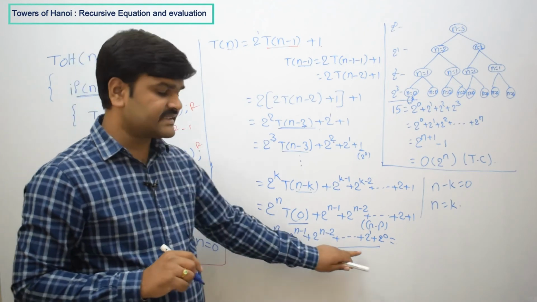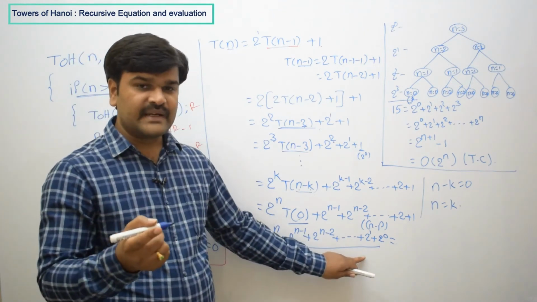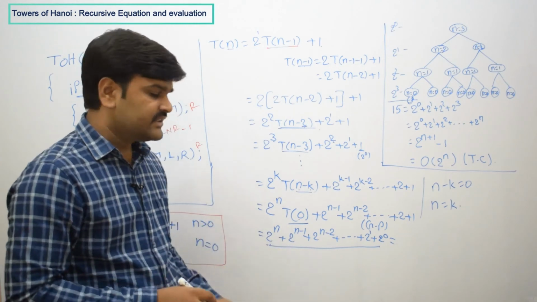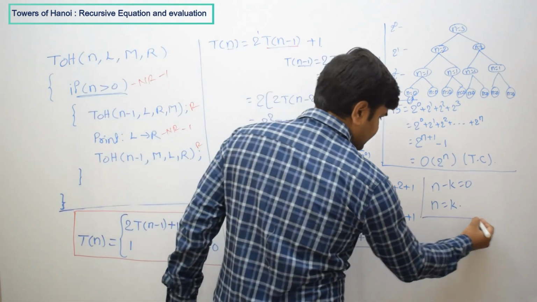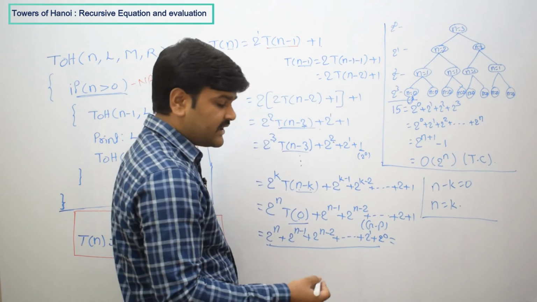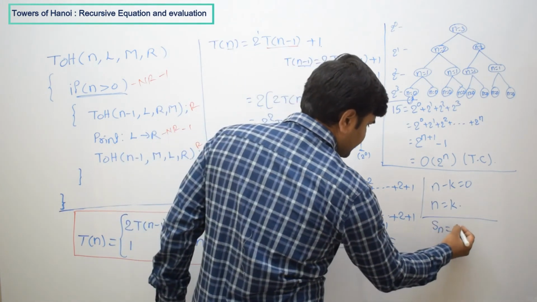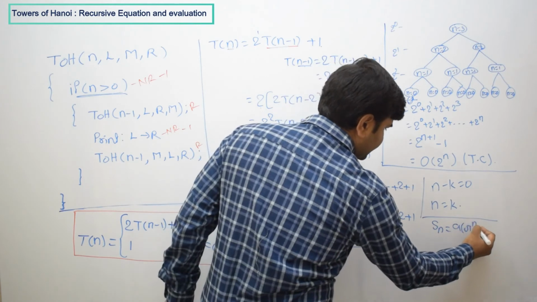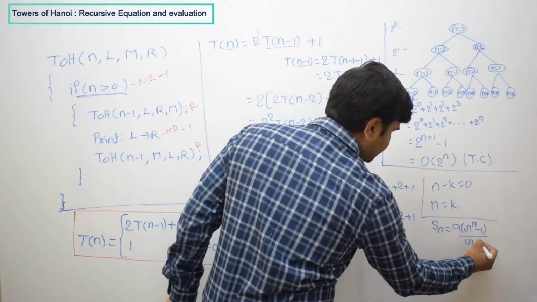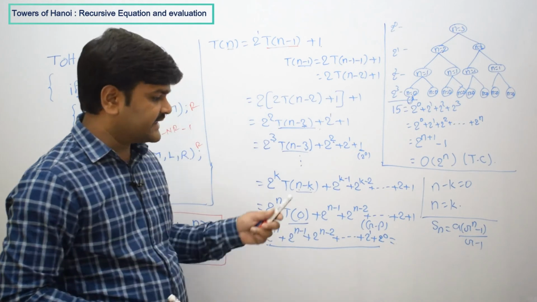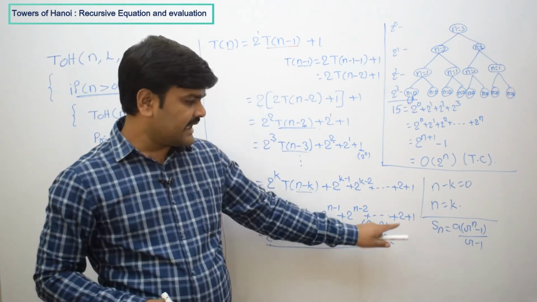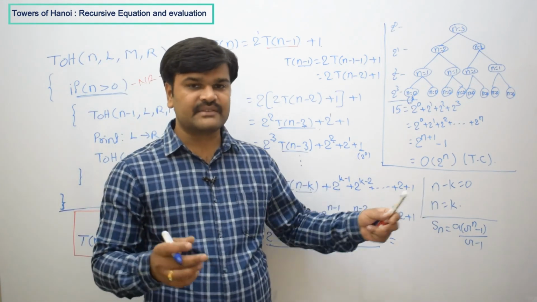What is its equivalent answer? In geometric progression, the sum of n terms formula is a into r power n minus 1 by r minus 1. Here a is the initial term, r is the ratio, n is the number of terms.